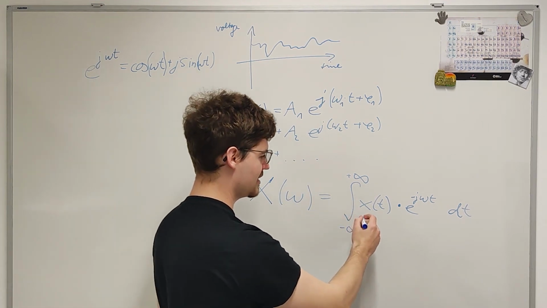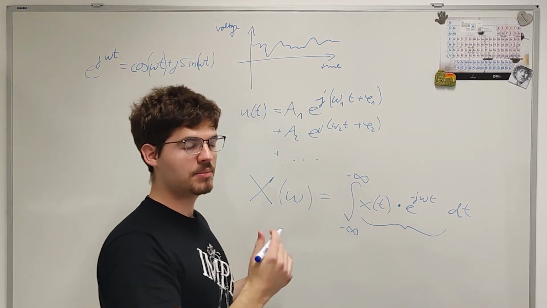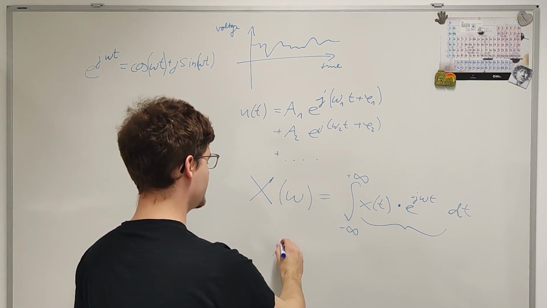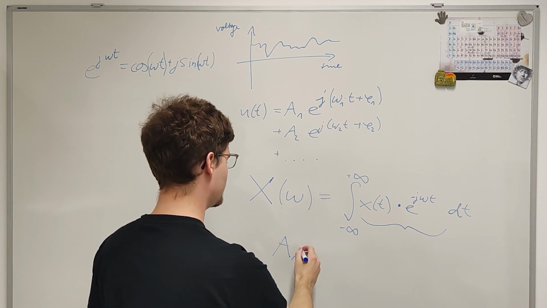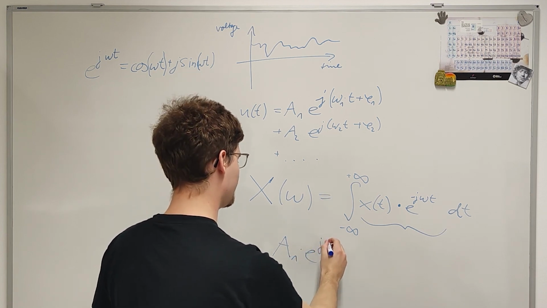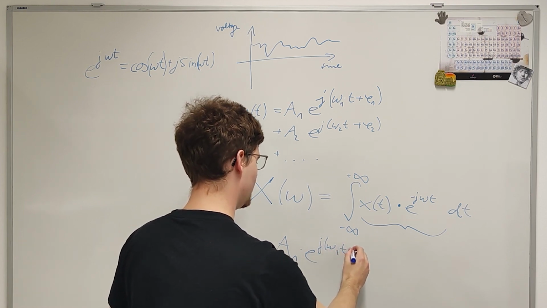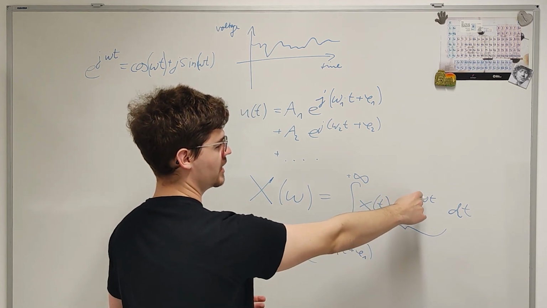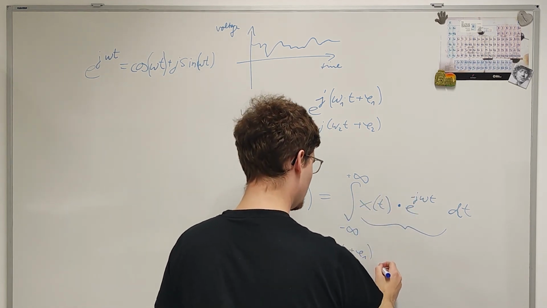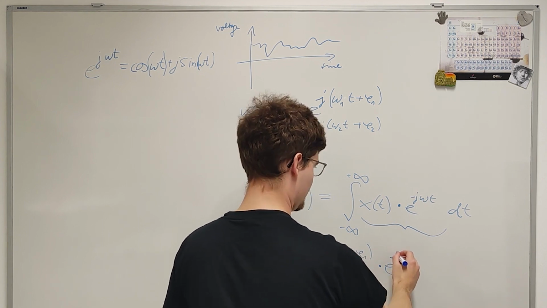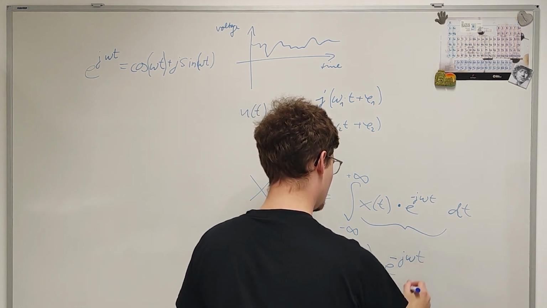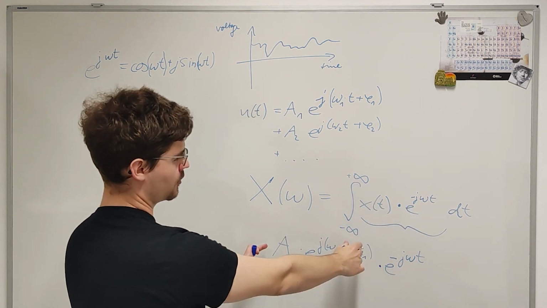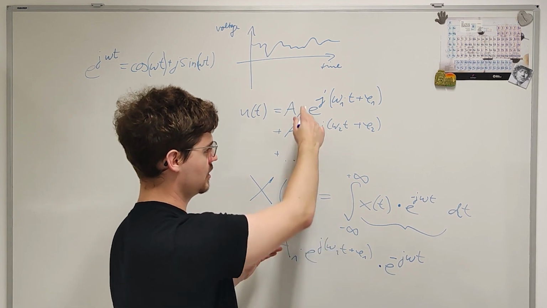Let me write this term here for an example frequency. What happens in the integral is, for example, we start with A1 times e to the j (omega 1 t plus phi 1), and we multiply it with this term where we're trying to look for omega, e to the minus j omega t. And this is what then stands here, summed of course for different component omegas in our signal.